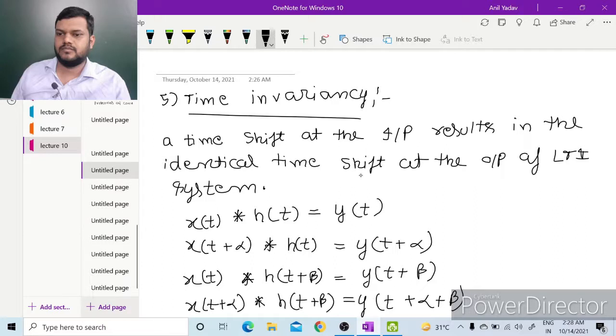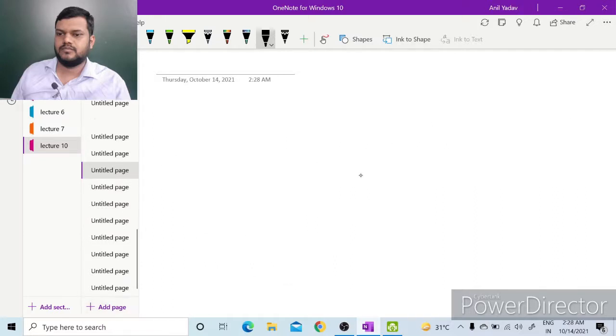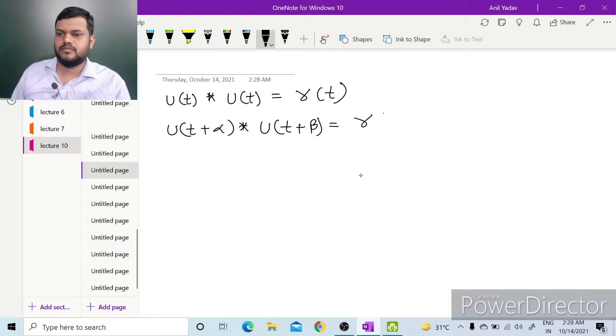Now based on this property we know u(t) convolved with u(t) is r(t). So we have seen that u(t plus alpha) convolved with u(t plus beta) is r(t plus alpha plus beta).